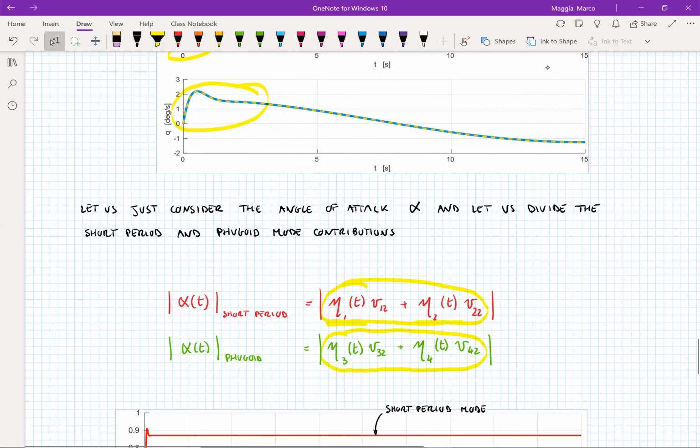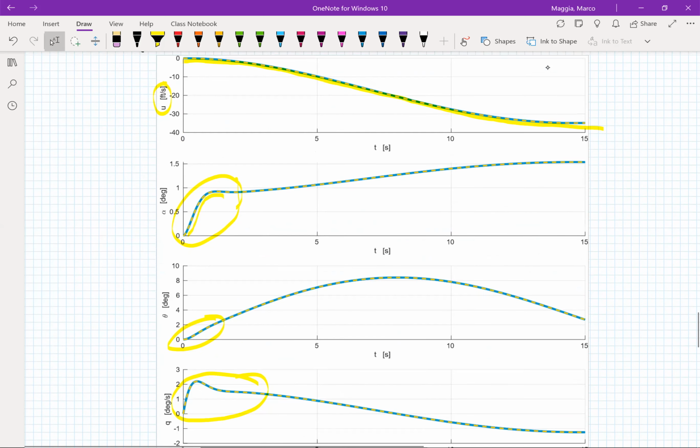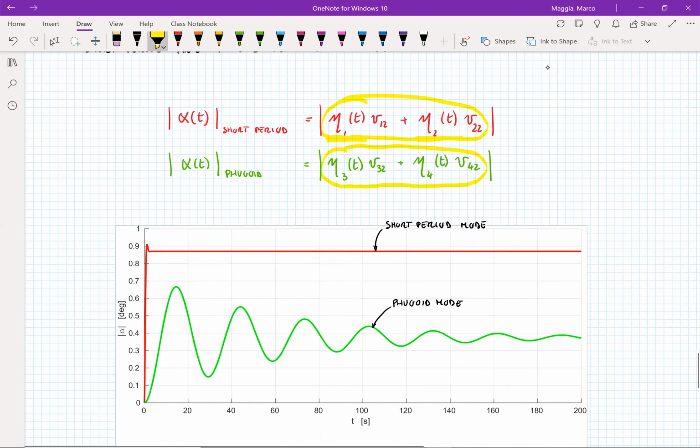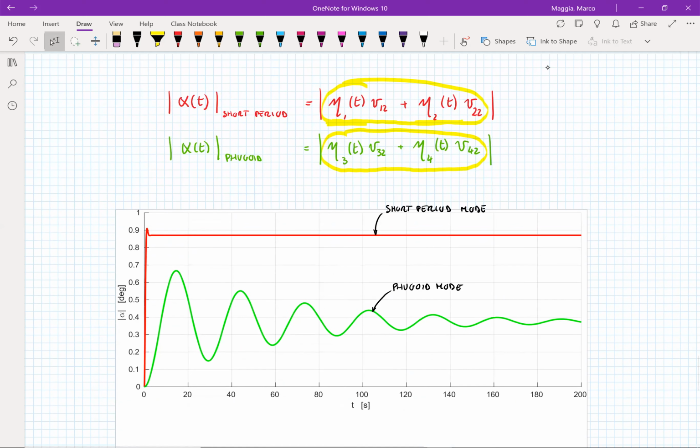And if we plot that, you can see that we've taken this curve here for the angle of attack, and we've separated the contribution of the two modes. And we can do that because if you remember the two modes in the complex plane, we had the phugoid mode with two eigenvalues over here, while the short period mode had the two eigenvalues over here.